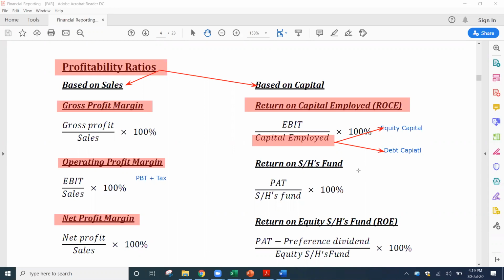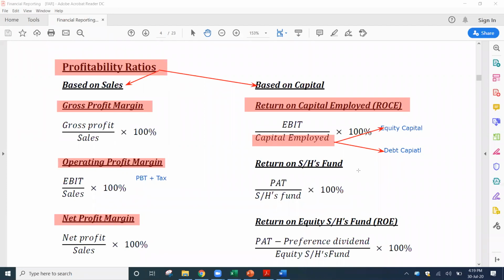Also, if you have any convertible preference shares, convertible to ordinary shares, we consider them under equity capital. And under equity capital we also have reserves: revaluation reserve, general reserve, retained earnings. So those are the things that come under equity capital.